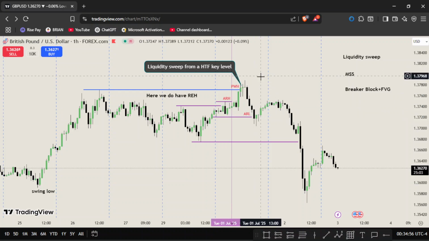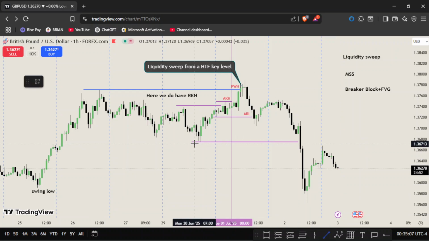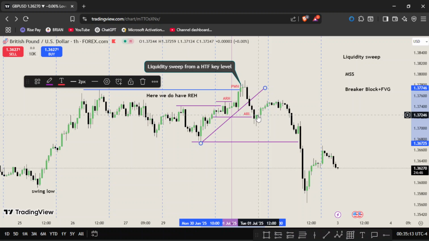So another thing that will help us identify that price has ended the bull run, because if you look from here, we have been having a bull run, a bull run, a bull run. Somebody else will come and say we have ended the bull run. It depends on how you trade.